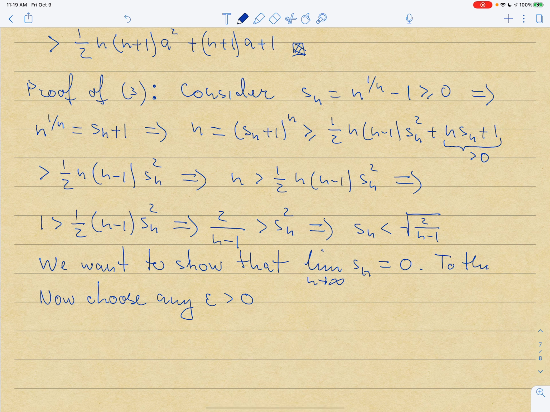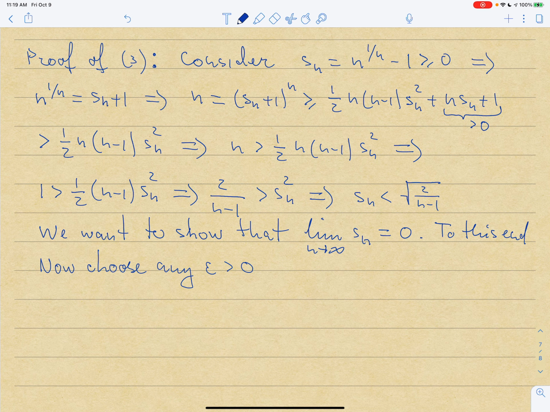And so to this end, let's choose epsilon greater than 0. And so let's see what we want.